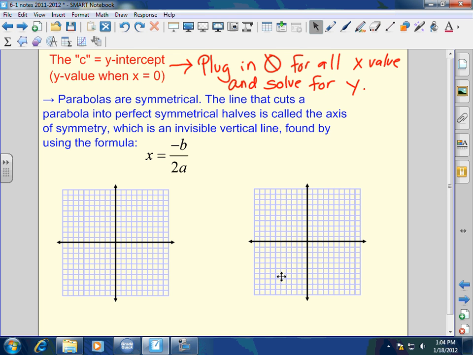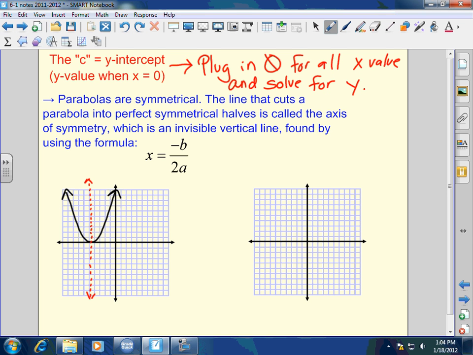So that means that it is going to be a vertical line. What is this man talking about? Let's say that I have this graph here. The axis of symmetry in this particular case would be right here. And that's an x equals equation.